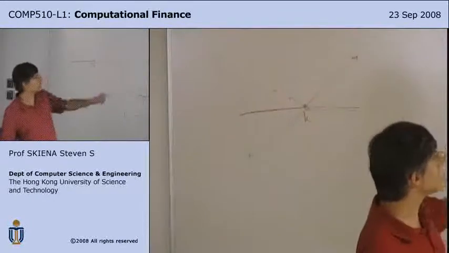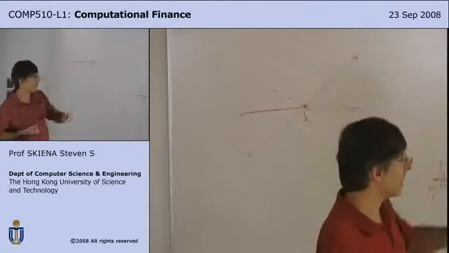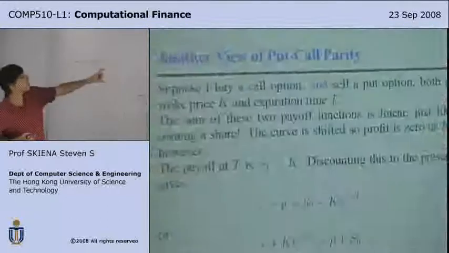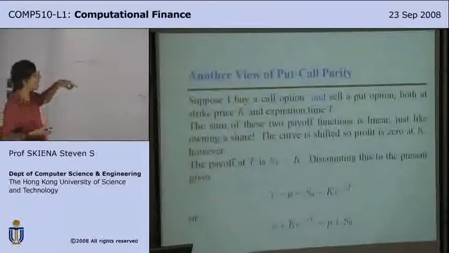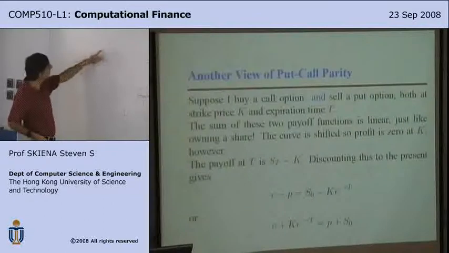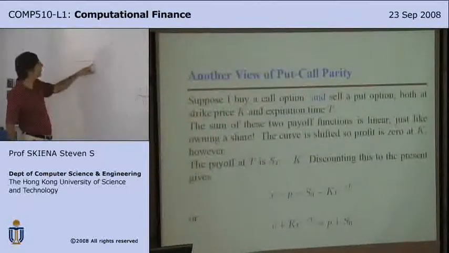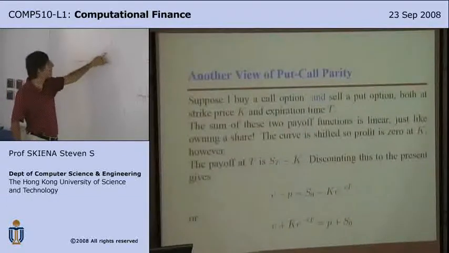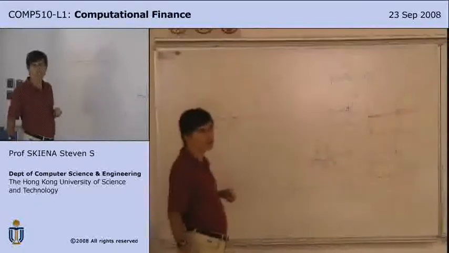In particular here, the payoff is going to be call minus a put. Let's take a look at these two things. I claim if I own this call and sold this put, my payoff function is the spot price at time t minus the strike price. Why is that?